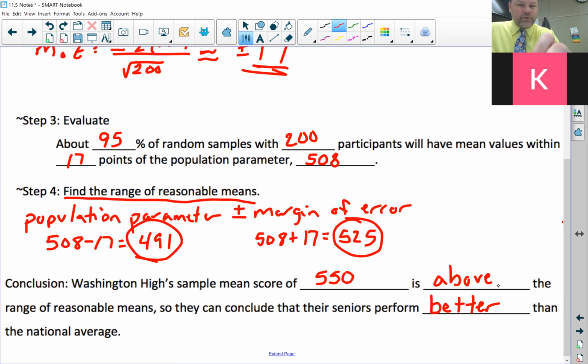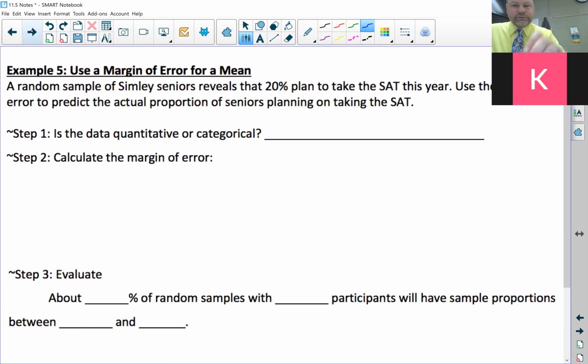All right, one more example. A random sample of, and this is missing a value. So I'm going to put that in.